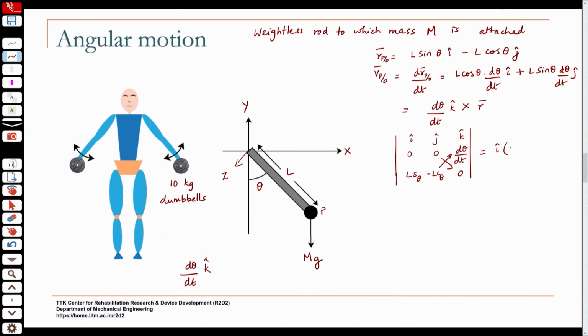So, I get plus L cos theta d theta by dt. Then minus j times 0 minus L sin theta d theta by dt, plus the k component I get 0. So, this is the same as the velocity relative to O. Now, I can use this vectorial form to find the acceleration.